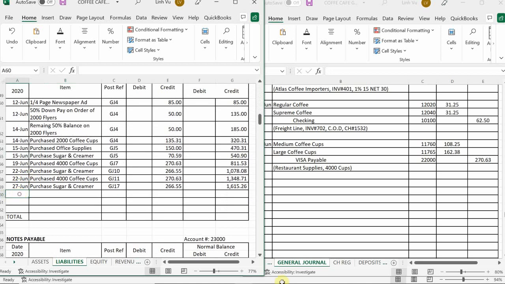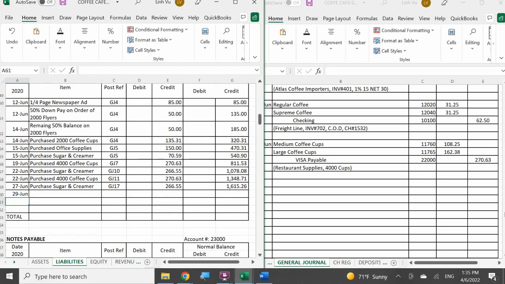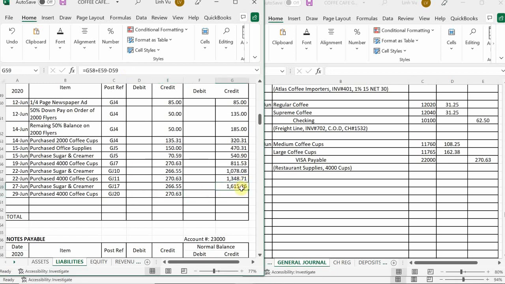So here we are, we purchased 4,000 coffee cups for the 270.63, to give us my grand total that I spent on the credit card to be 1885.89. Yes. Okay. What's next?